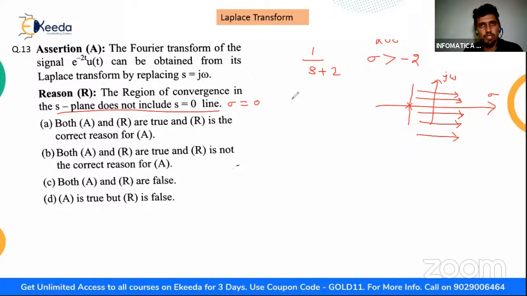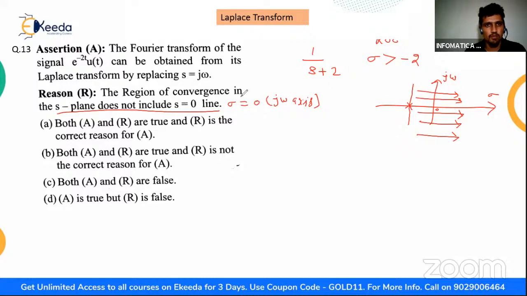Whenever the ROC includes the j omega axis, which is basically sigma equals 0, in other words, whenever sigma is 0 (this is sigma 0, this is sigma negative), sigma 0 means this line, the j omega axis. So whenever the ROC includes the j omega axis, in that case we can determine the Fourier transform by replacing s equals j omega. This is true because the ROC is including it.